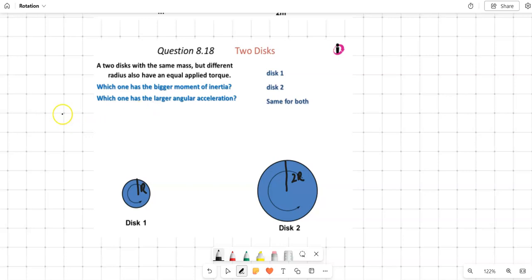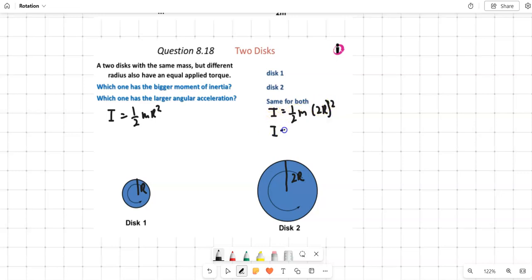Okay, here we go. So this object is a disk, so it's 1/2 mr squared, and this other object over here is going to be 1/2, and again they have the same mass, but this is 2r that is being squared.